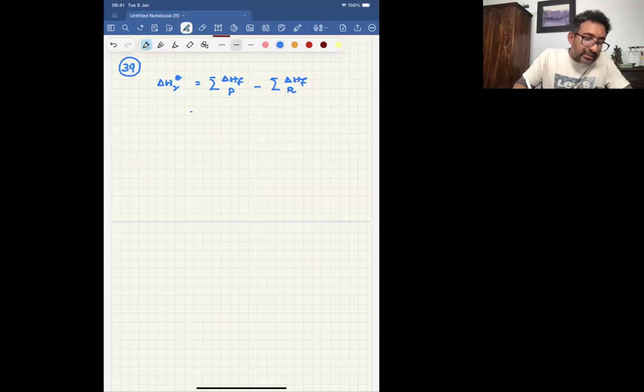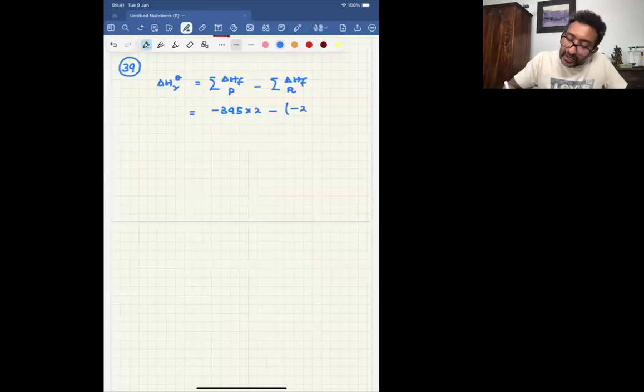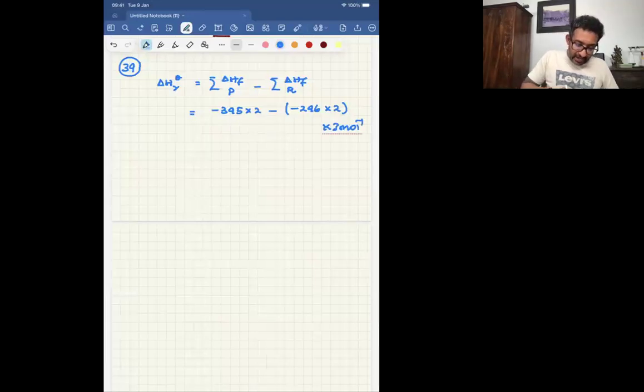Products is sulfur trioxide: minus 395 multiplied by 2, minus, minus 296 multiplied by 2. Oxygen is 0 kilojoules per mole. So that is minus 198. That's okay?